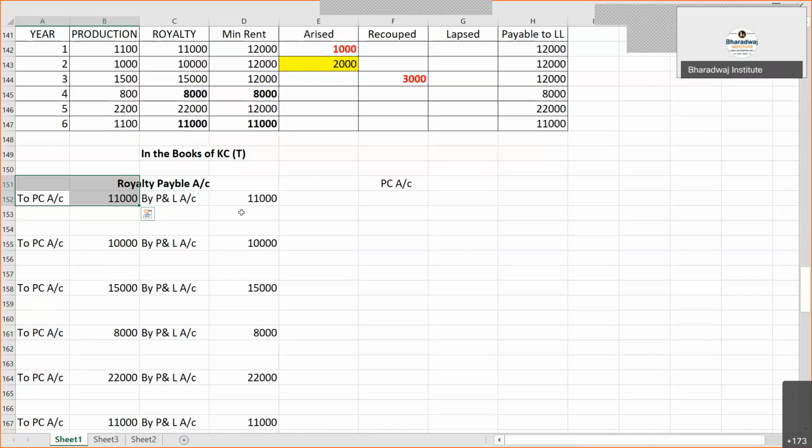By royalty payable account. So it will come as by royalty payable. Okay, but don't close the ledger accounts. Leave some 2-3 lines of gap.